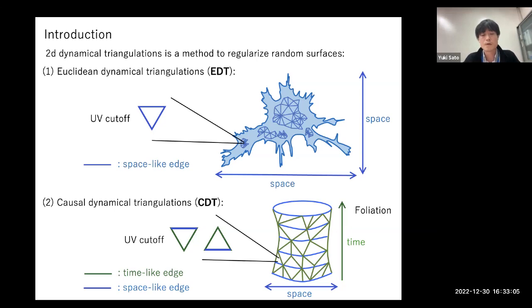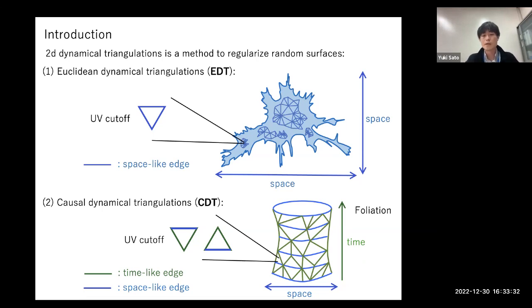CDT is a sort of Lorentzian version of dynamical triangulations. In the CDT, one discretizes the Lorentzian geometry with a time foliation, like this picture, based on a very special kind of Lorentzian triangles. Also, these triangles are the UV cutoffs.